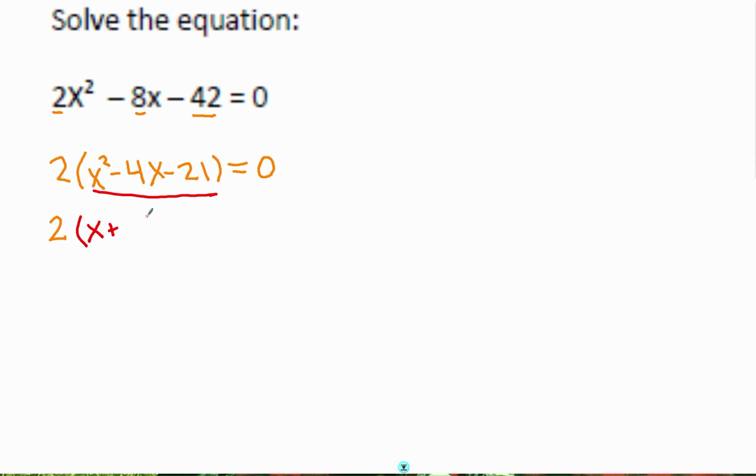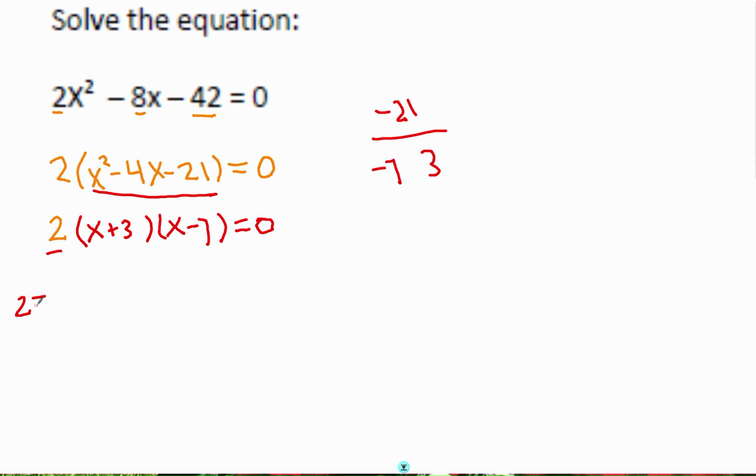I will factor that one a little faster than I have been. I know it's a positive times a negative. Factors of negative 21 are going to be negative 7 and 3. So now if I set each one of these factors equal to 0, that's just a 2.